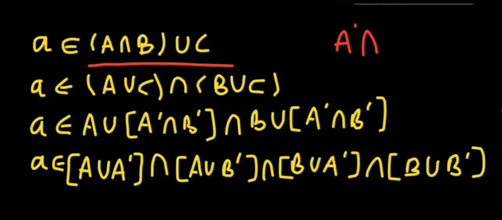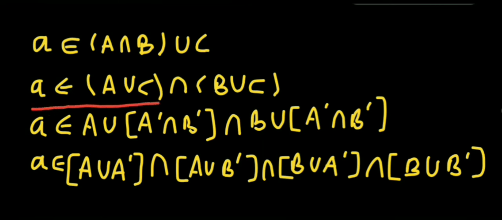So let us come to the next step. Then it follows from the property of intersection and union that a belongs to A union C. We are opening both the brackets and again collecting them in another bracket. Then we have a belongs to (A union C) intersection (B union C).